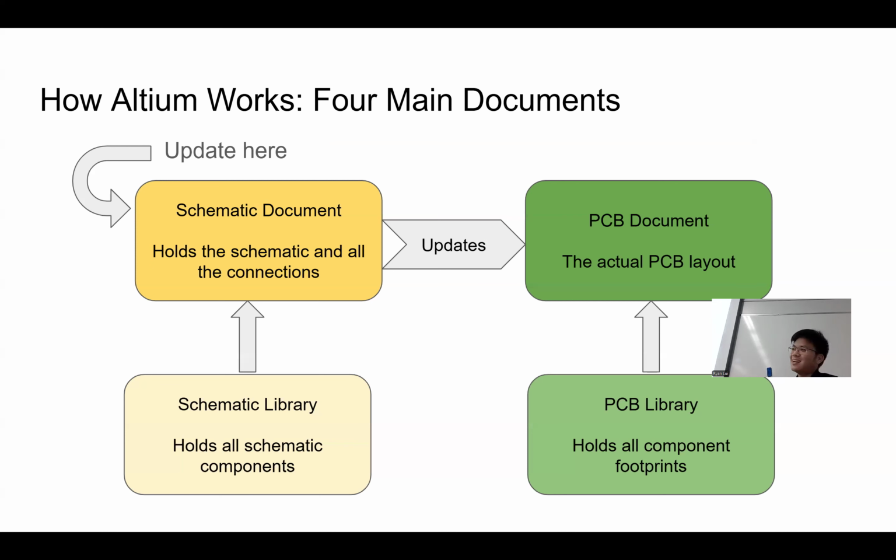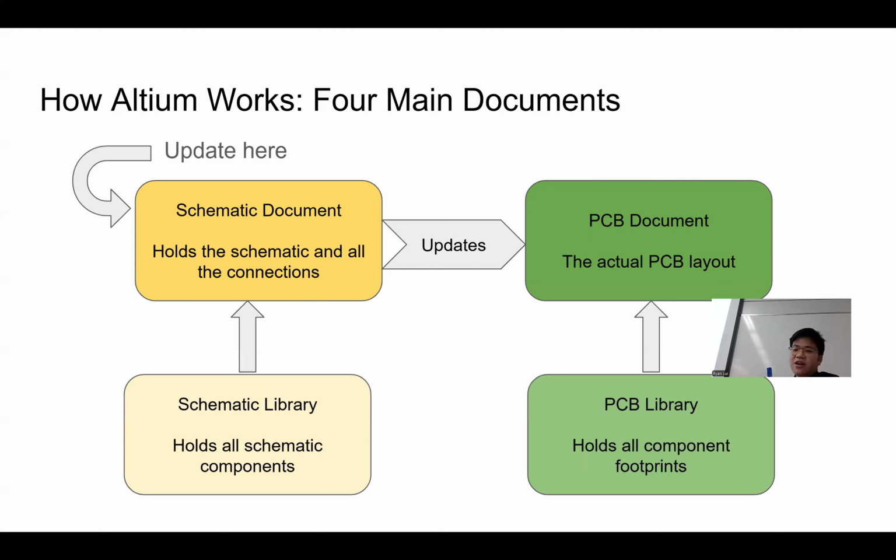So if you have a custom component, like an IC chip, or maybe even a four-input resistor, or just some actual physical thing that can't even be described as a component, you put that in your schematic library, and that will mainly describe the pinouts. Your PCB library describes the footprints, like we mentioned before. It stores all the footprints so that there's an easy way to collect them all.